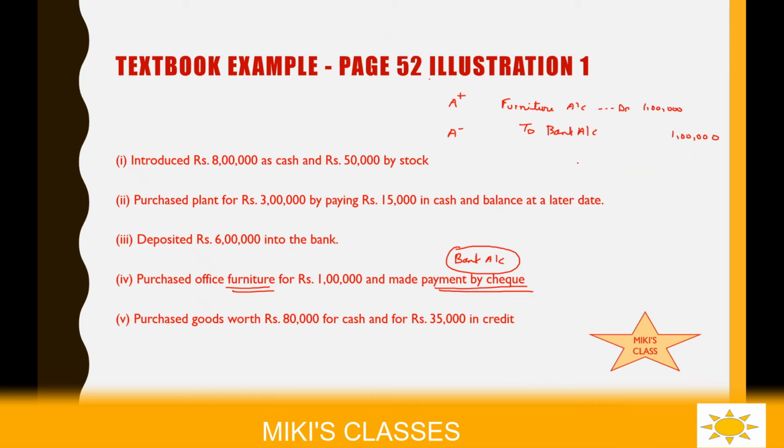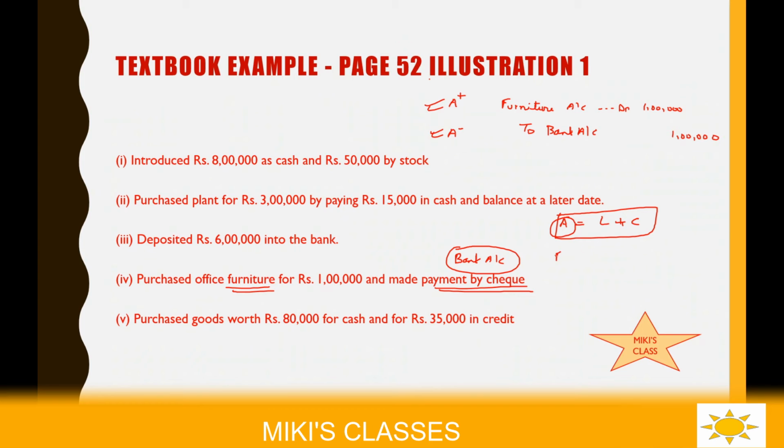Fine. The fundamental accounting equation, again, is assets is equal to liability plus capital. And in this, only the asset side is affected. Only this left-hand side is affected because both the accounts involved are on the asset side.